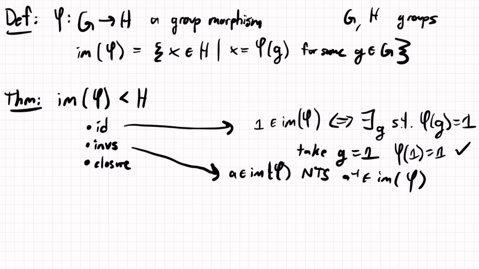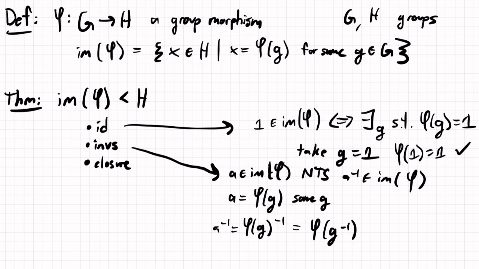We know that a equals phi of g for some g, and then a inverse equals phi of g inverse, which again by the properties of homomorphisms is phi of g inverse. So we can take g inverse, and we're good.